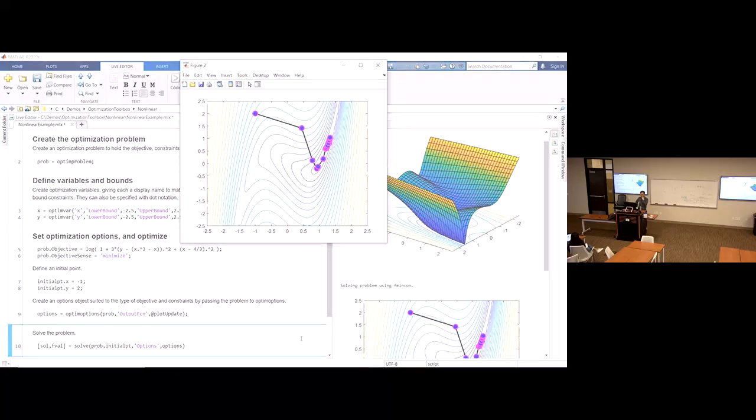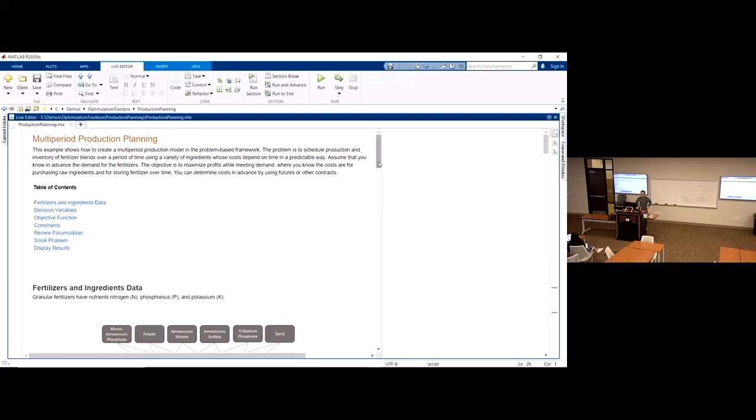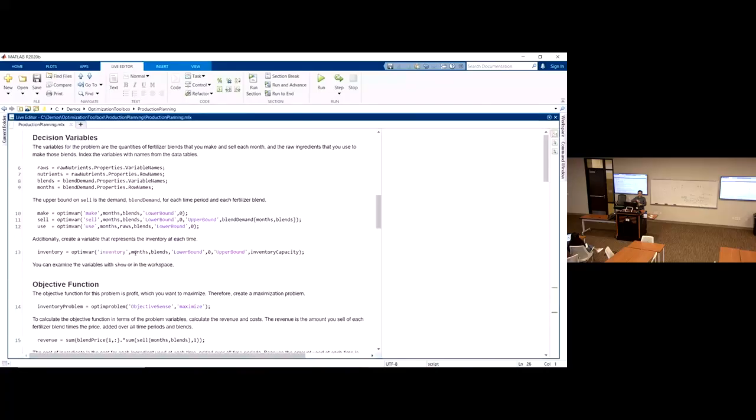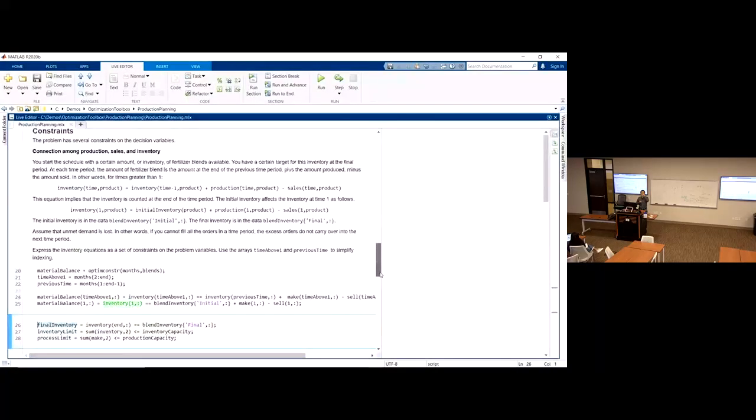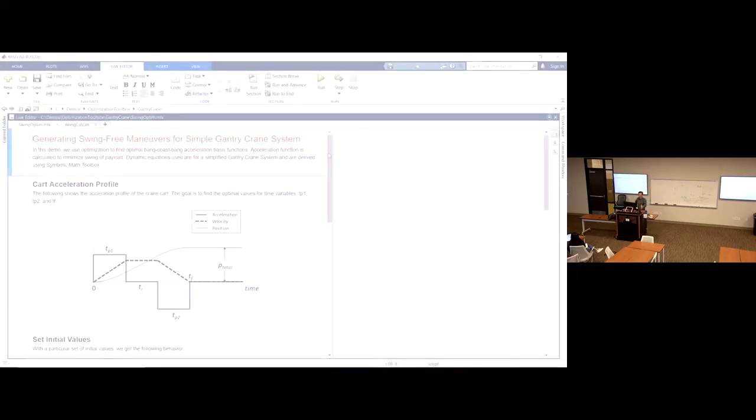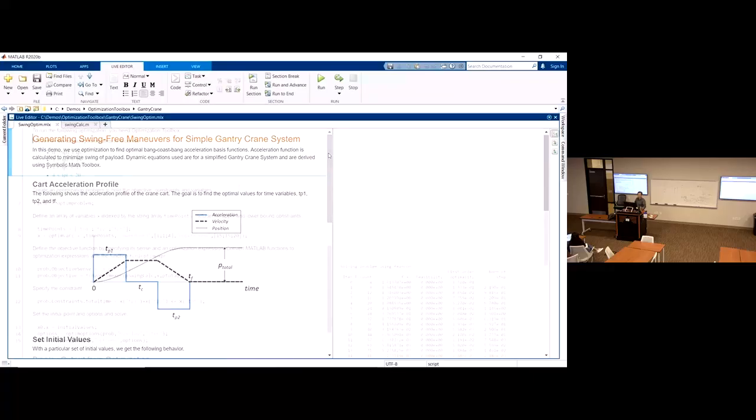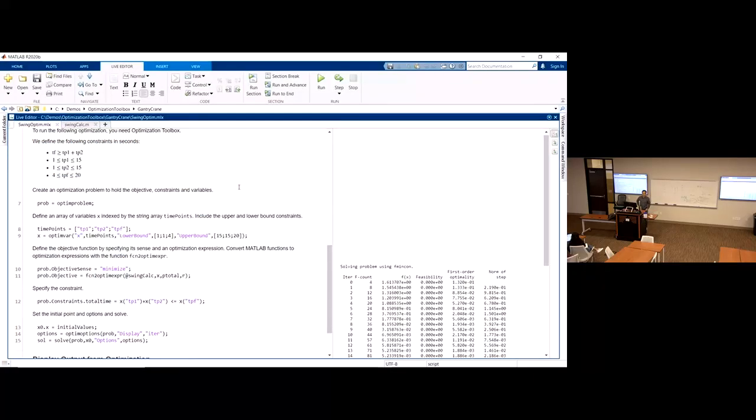faster gradient evaluations. Optimization problems often have sets of variables or constraints, like in this production planning problem. You can define arrays of optimization variables and constraints and index with numbers or strings, resulting in readable and compact representations of large problems. You can use the problem-based approach even when some functions are not naturally expressed as optimization expressions.